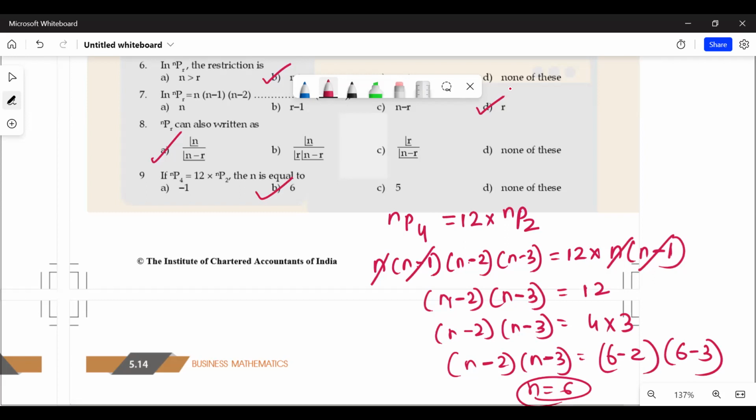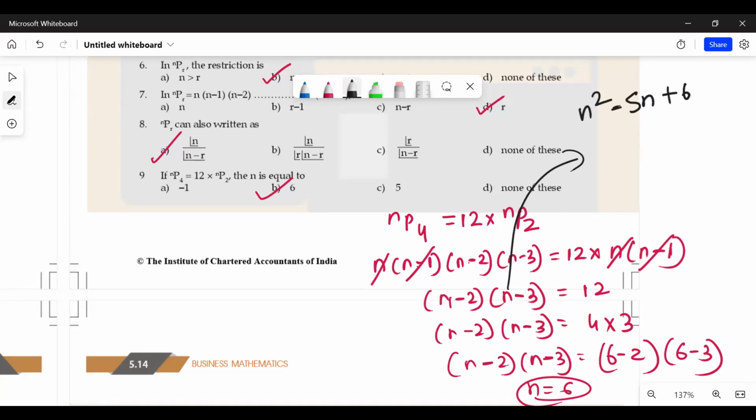Quadratic equation, you know, right? How to solve the question through quadratic equation. Yes, sir. Same thing. If you want to complicate the situation, we can write n squared minus 5n plus 6 is equal to 12. So n squared minus 5n minus 6 is equal to 0.